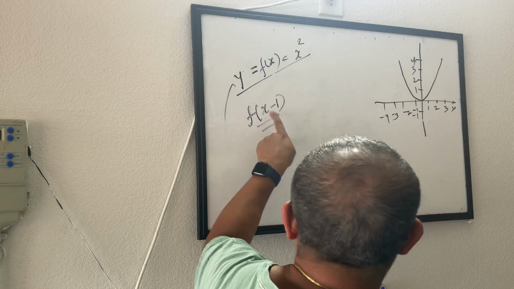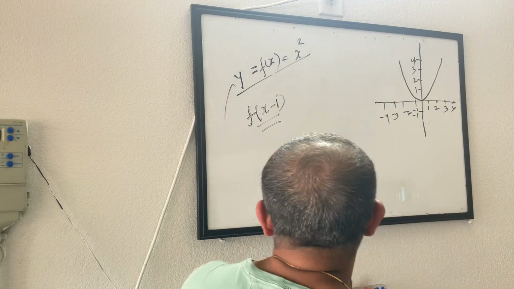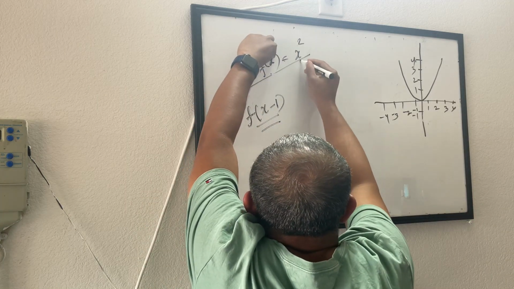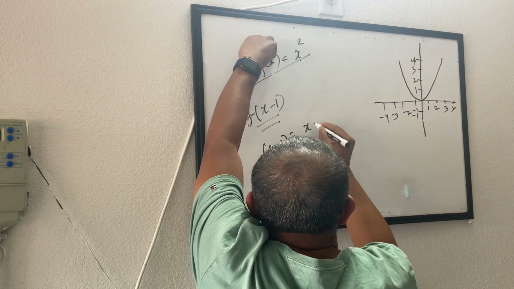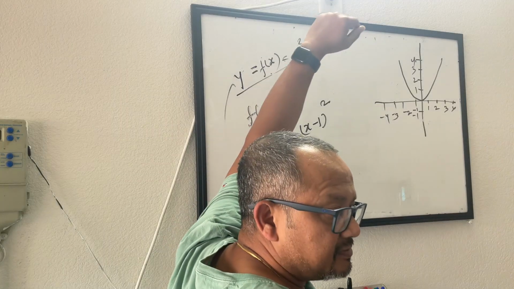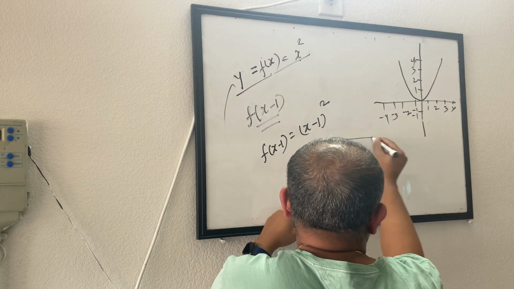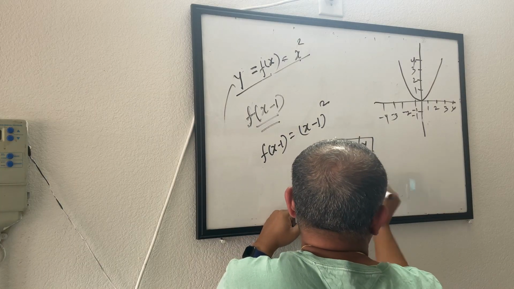Now we talk about f of x minus 1. If f of x is x squared, f of x minus 1 will be x minus 1 squared. Let's see how this graph changes. I will put in the values of x and y and see what happens.